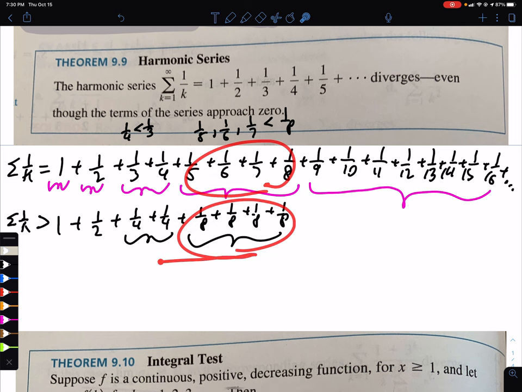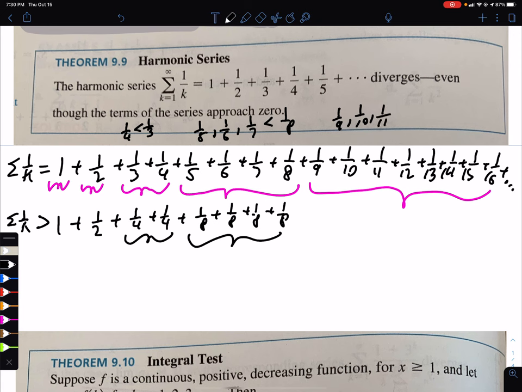So making all of this even smaller, if that is even the proper English. And then I claim all these numbers, 1/9, 1/10, 1/11, all the way to 1/15. All of those are smaller than 1/16.